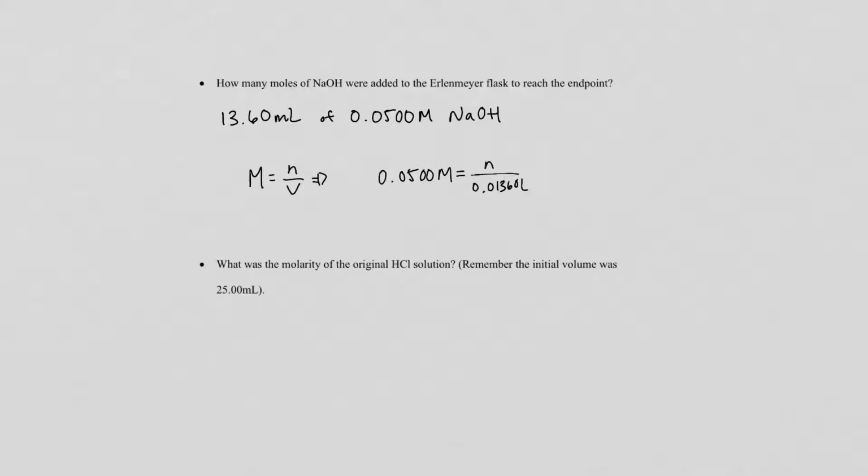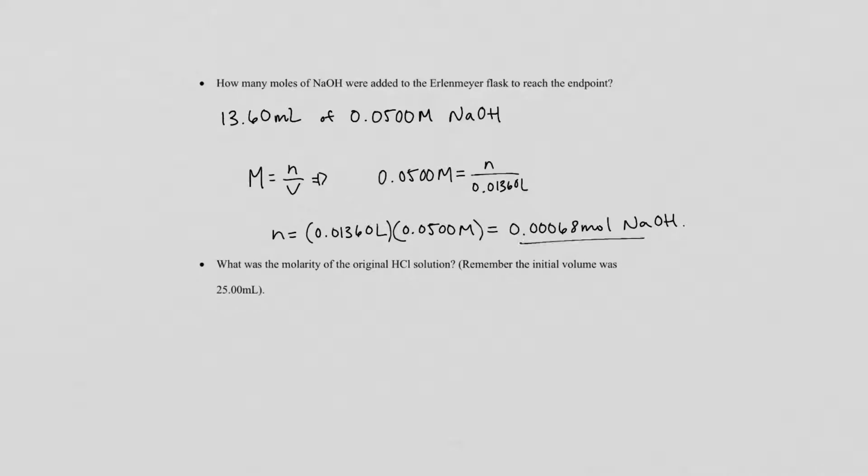So we can say our number of moles equals 0.01360 liters times 0.0500 molar. And that turns out to be 0.00068 moles of sodium hydroxide.